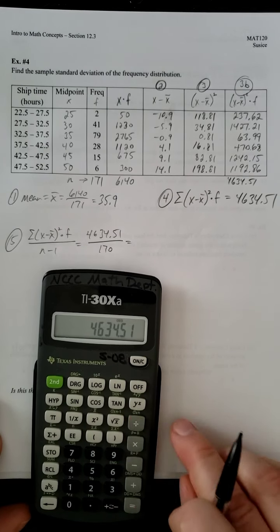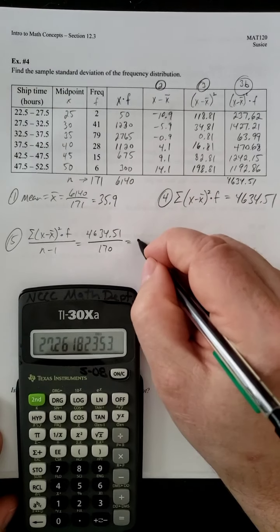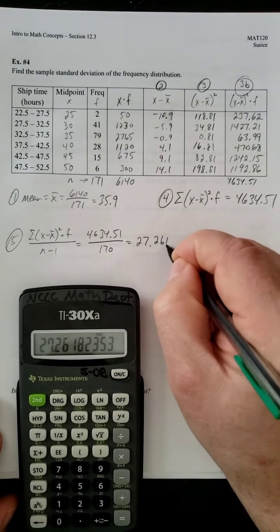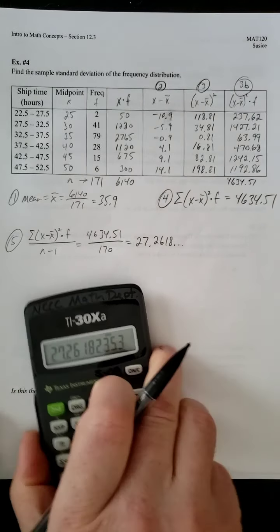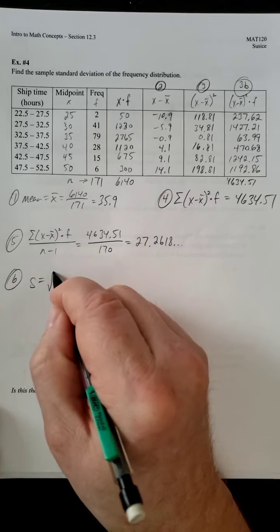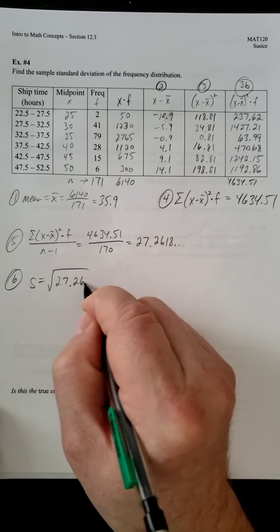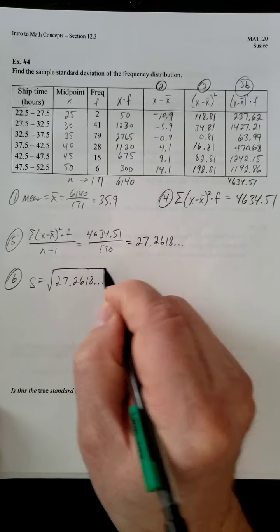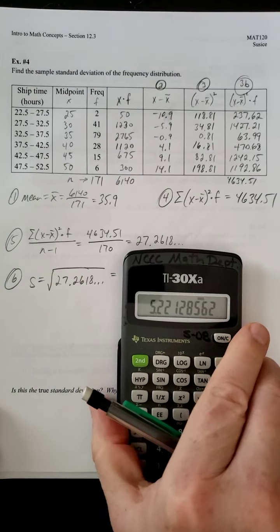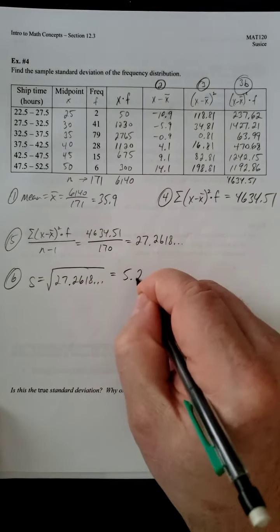If we divide by 170, we get 27.2618, and so on. And then the last step is to square root that. 5.22 if we round it.